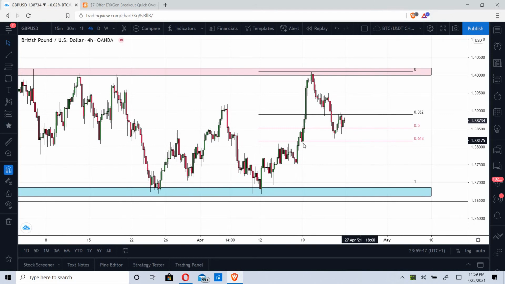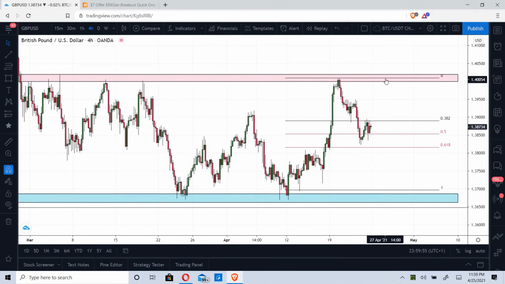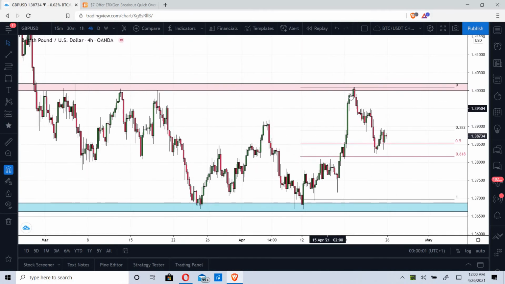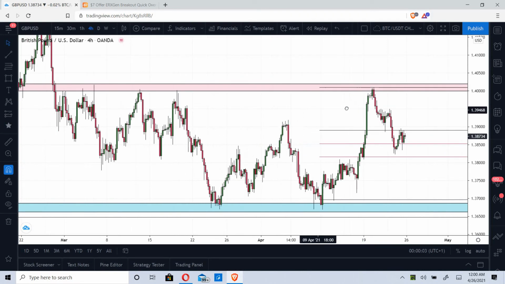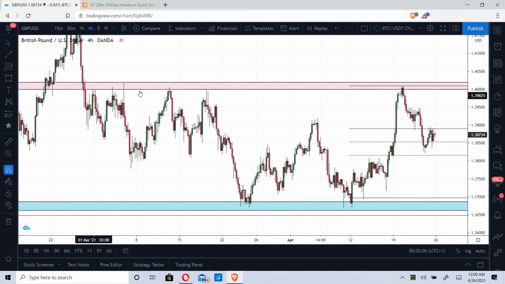All right, so this is another level again. We want to wait for the market to break. Two things we can do here. We can allow price to get to this resistance level. You can see that this level is a very powerful level in price action, because over here you can see several times price has not been able to break this level since March 2021.